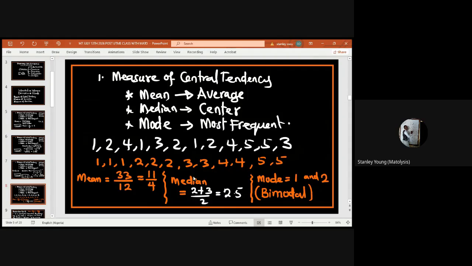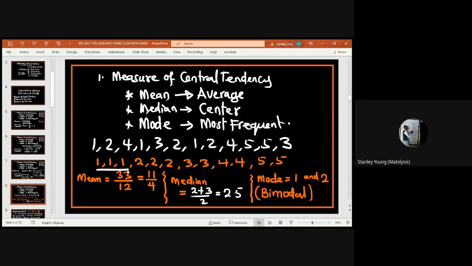Then here I gave an example where we calculated the mean, the median, and the mode. The mean is the sum of these numbers divided by 12. And why is it 12? Because when you count everything, 1, 2, 3, 4, 5, 6, 7, 8, 9, 10, 11, 12, that gives you 12. 33 is the sum of everything here.